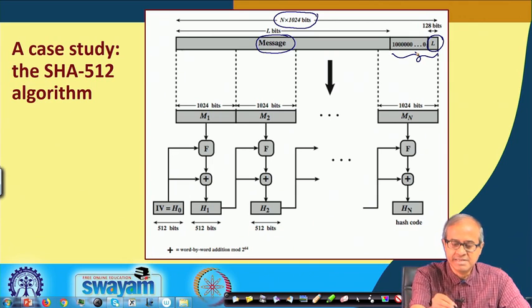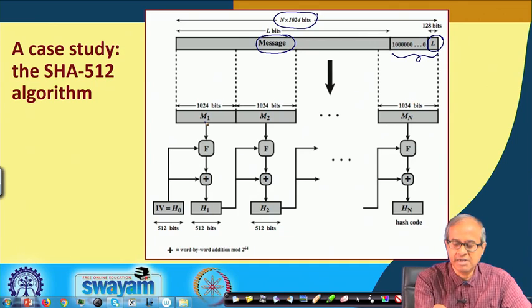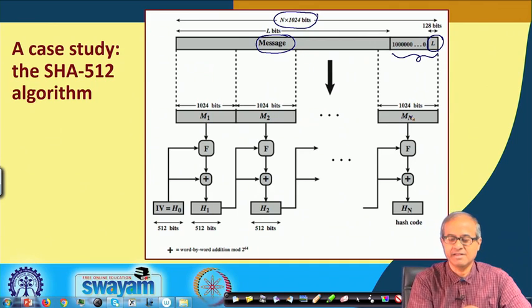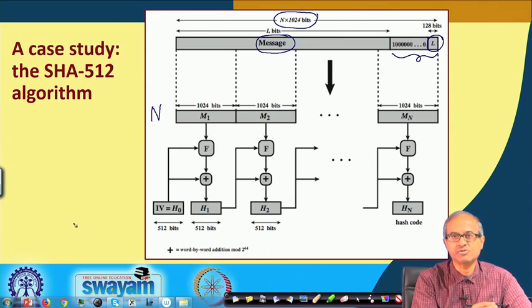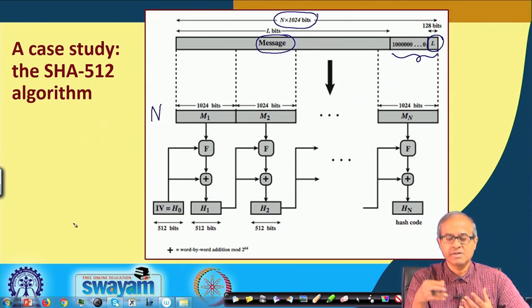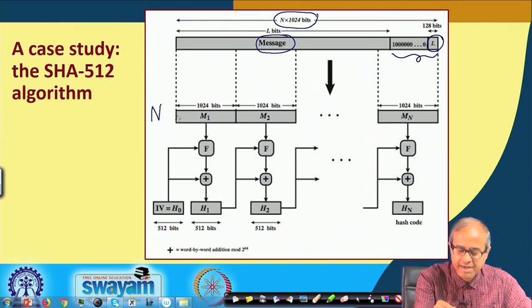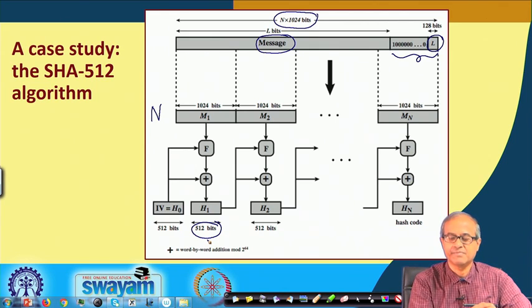Then each of these 1024 bit chunks is called, let us say, M1, M2 to Mn. There are capital N such data blocks or chunks. Each of them undergoes the SHA 512 algorithm, and by virtue of this, 512 bits of data are generated.